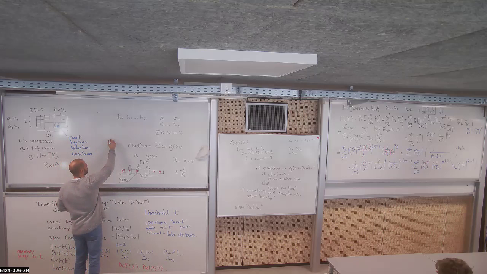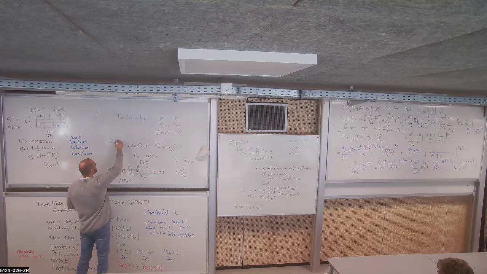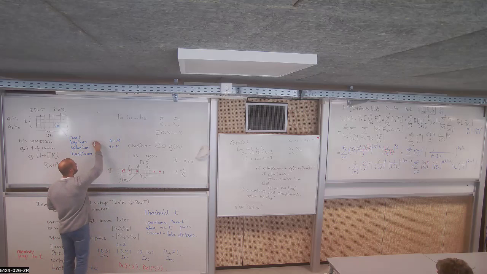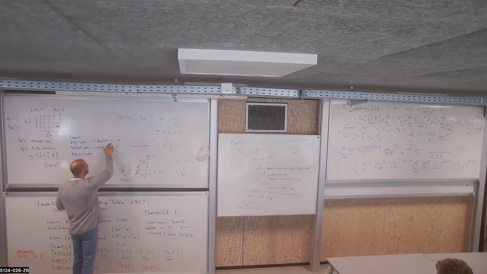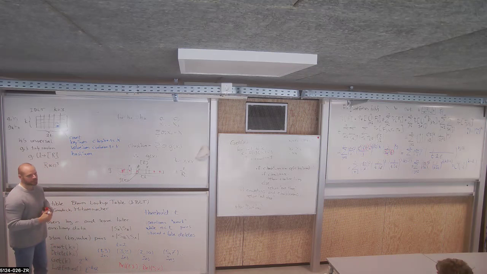In C, it's like head ^= x. If you XOR with B and you XOR with X, then the deletion is actually the same.